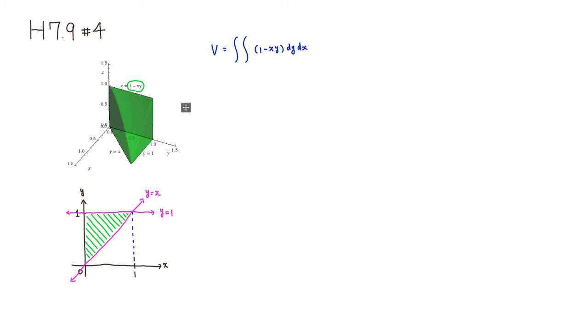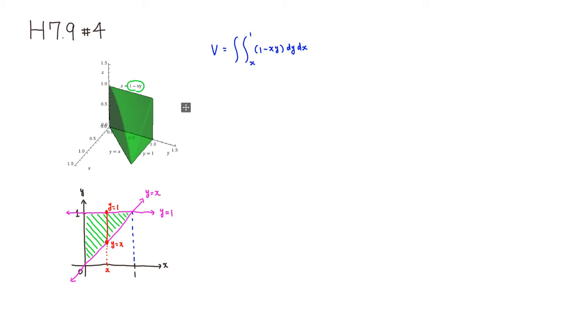So if you fix the x value, you can see that the y value starts from here, which is y equals x, and goes all the way to y equals 1. So the lower limit is going to be x, and the upper limit is going to be 1.